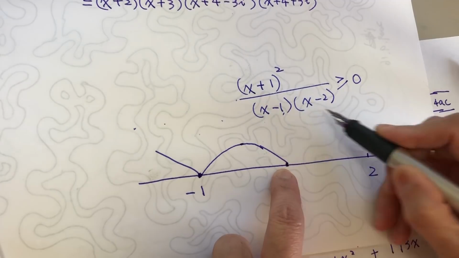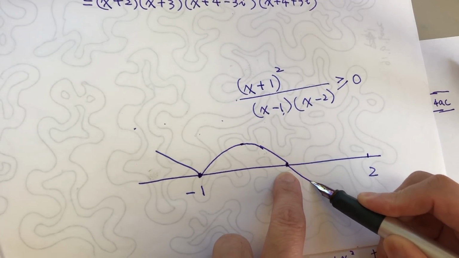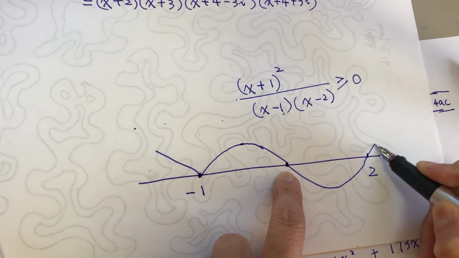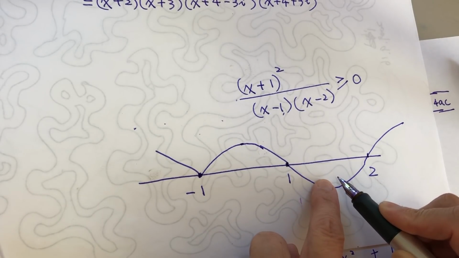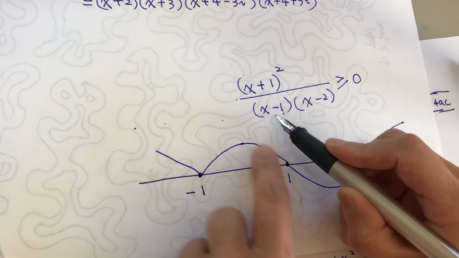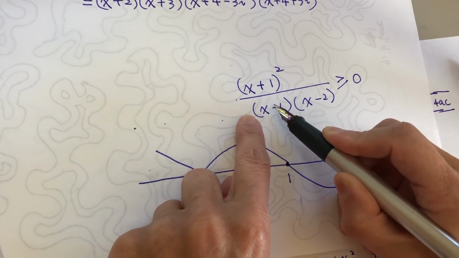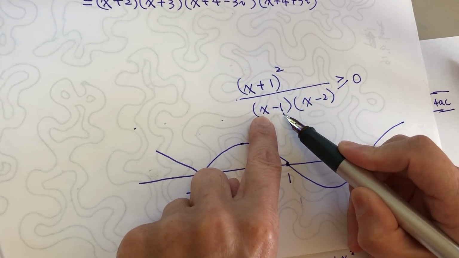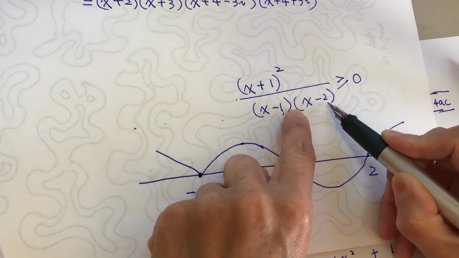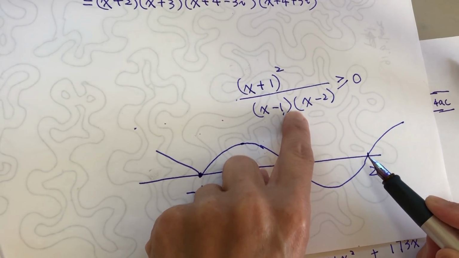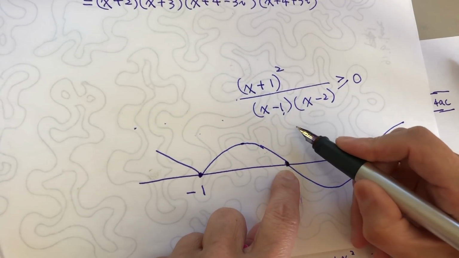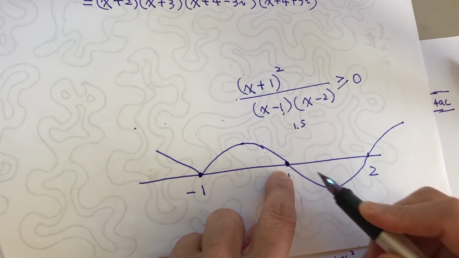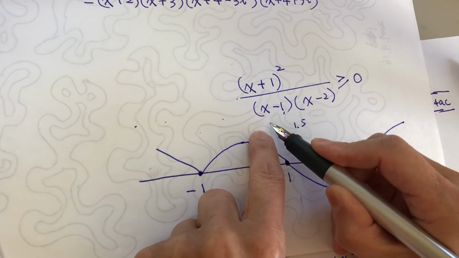Why? Because between this is negative. Between this part is positive, but this part is negative. We will try 1.5.